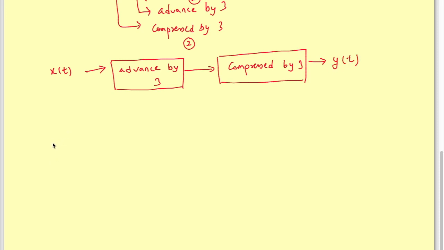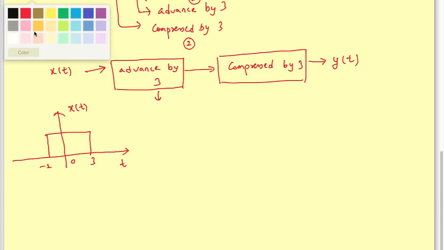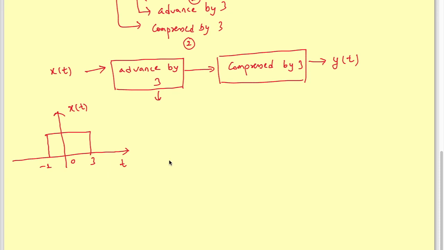So our x of t is from -1 to 3. This is my x of t. This is t. And I need to advance my signal by 3. That means I need to shift my signal in the left hand direction.